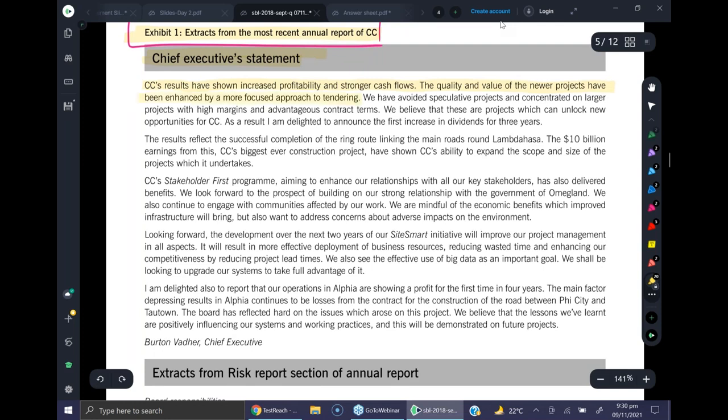So this is what the Chairman is telling the public, in a kind of sugar-coated way. He further says that we have avoided speculative projects and concentrated on large projects with high margins and advantageous contract terms. We believe that these are the projects which can unlock new opportunities for CC.